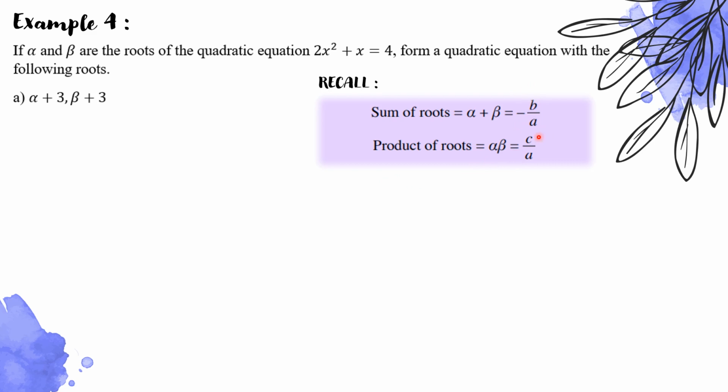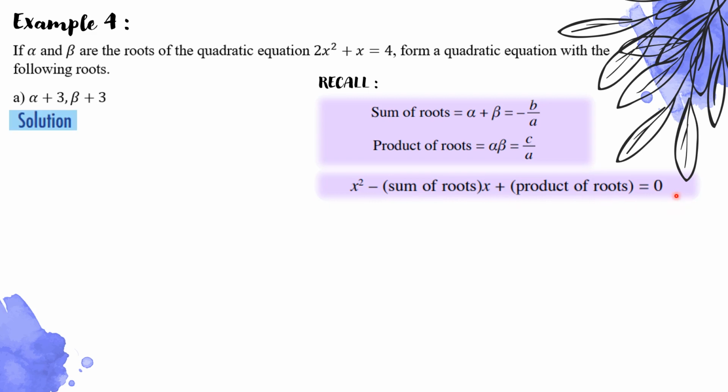This comes from the general form. And then how to do the equation? x squared minus SOR x plus POR equal to 0. So for the solution, you need to solve this quadratic equation in the question first before we move to question A.